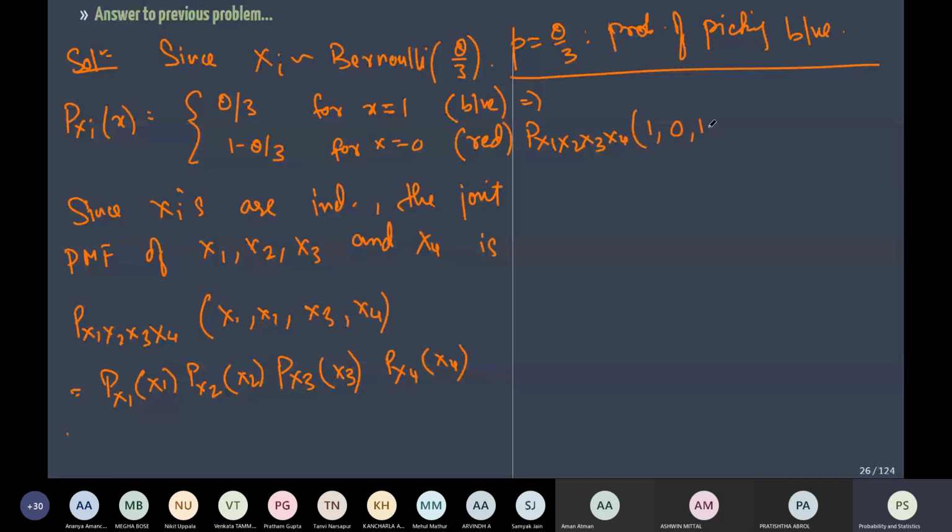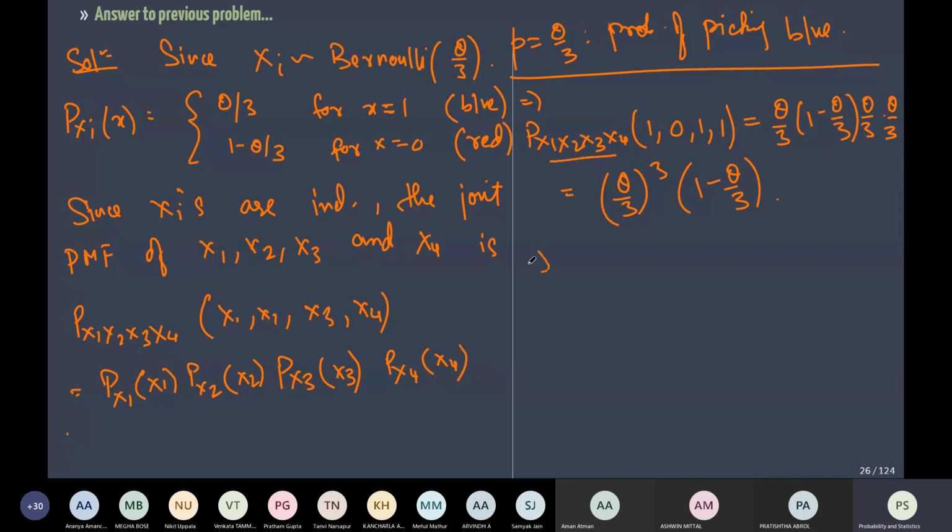From the Bernoulli we know this: the first one is theta by 3, the second one is 0, so it is 1 minus theta by 3, the probability for the red ball, and then theta by 3 twice more for the other two blue balls. So this is (theta by 3) cubed times (1 minus theta by 3).